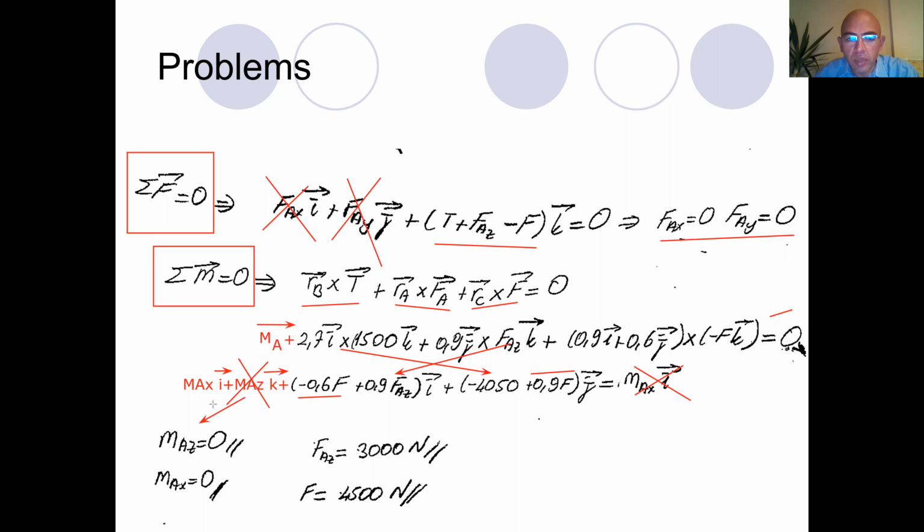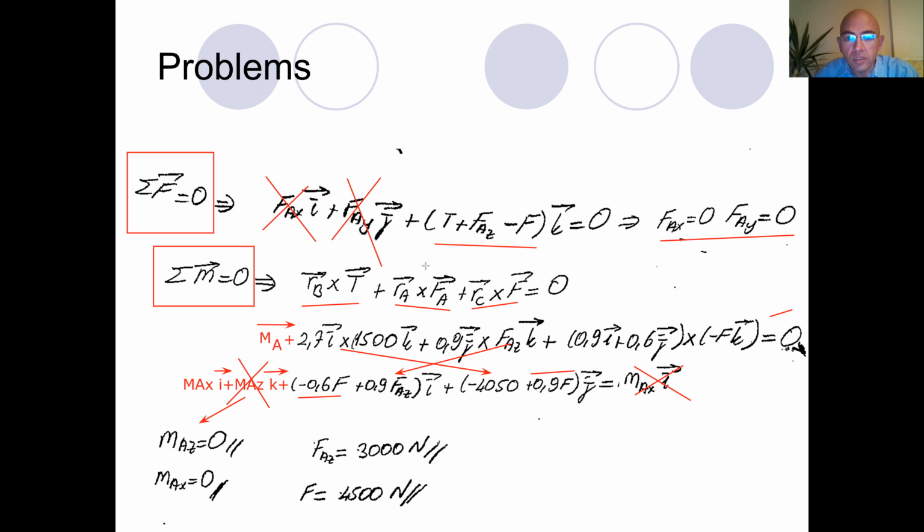Now, since Maz is equal to 0, I'm left with this equation and this equation. And here I have T plus Faz minus F. Now I have two equations, and here I have Max, F, and Faz.